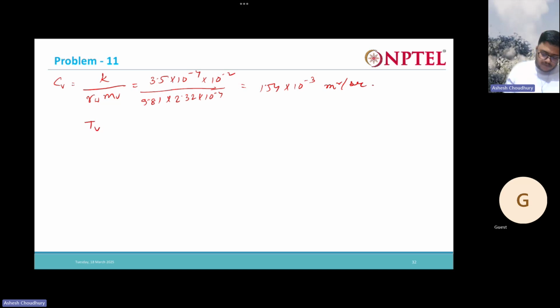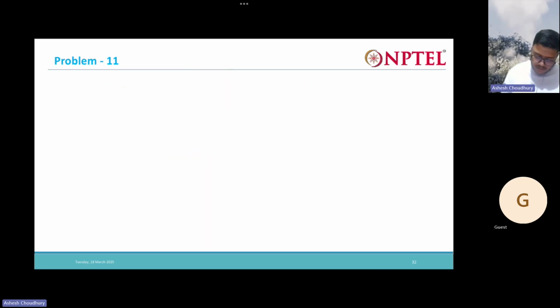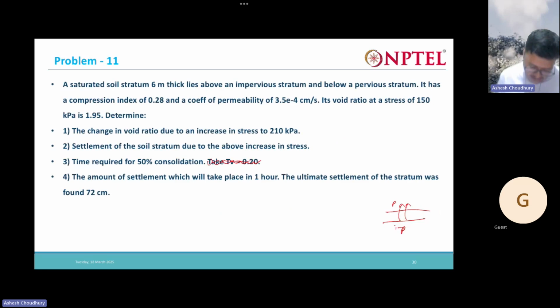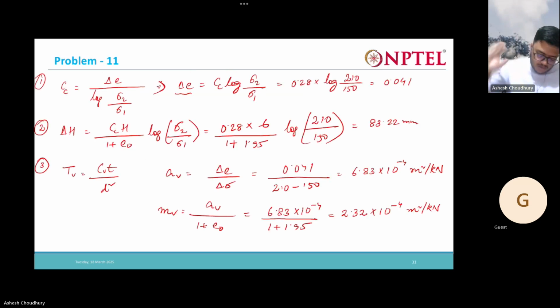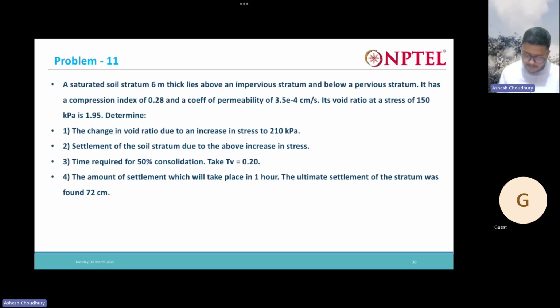From this I will get t. Time by d, that is the thickness, 6 meters, single drainage, so directly we use 6 squared. We get t as 1.279 hours. So the time required for 50% is 1.279 hours.